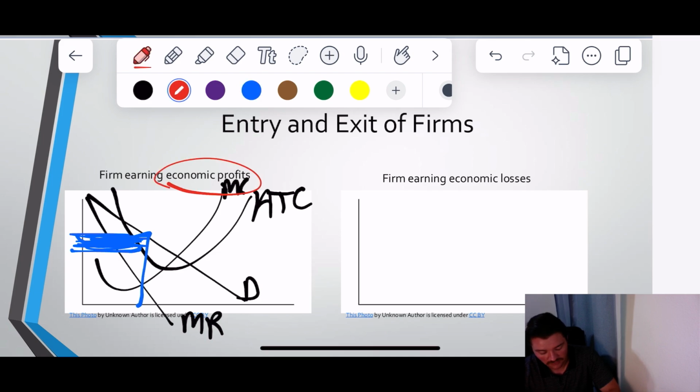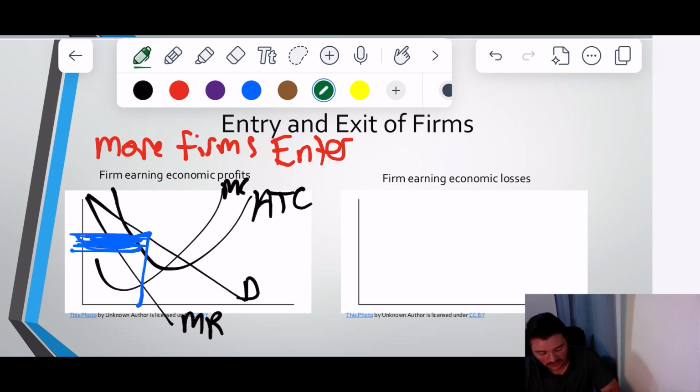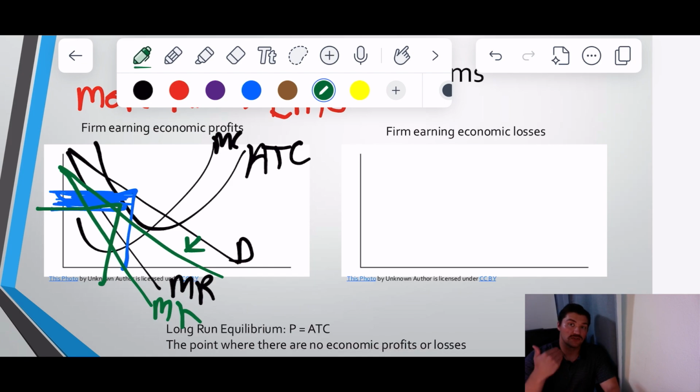But because we have economic profits, more firms enter. And because there's more firms entering, the people that used to go to Starbucks don't go there anymore. They go somewhere else. And so this would lower the demand for Starbucks, lowering the marginal revenue curve, right? To where eventually we would end up at a new point where your profits are decreasing, okay?